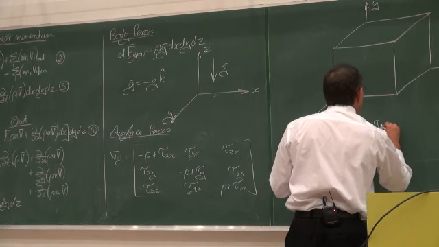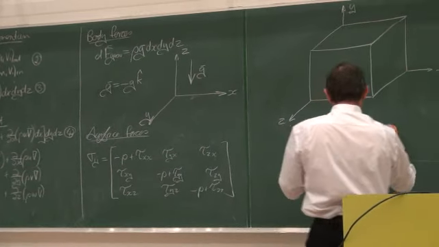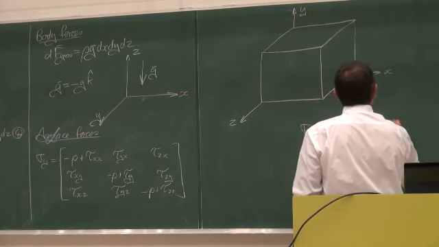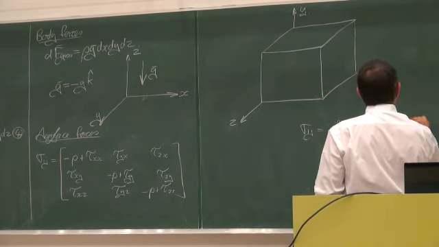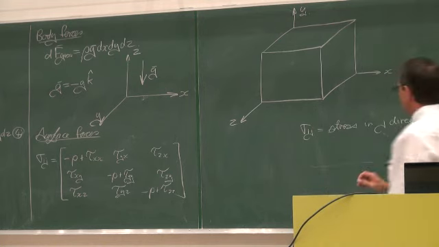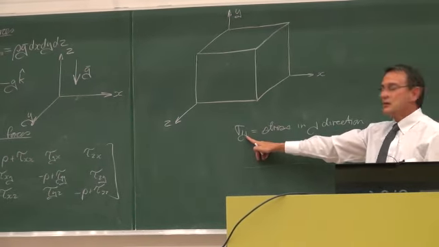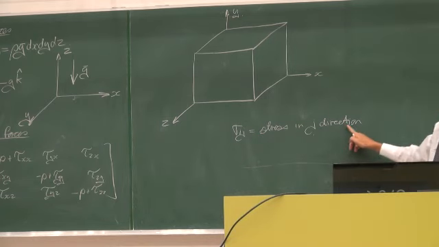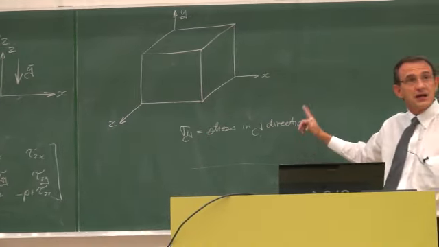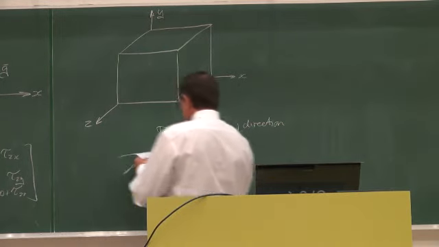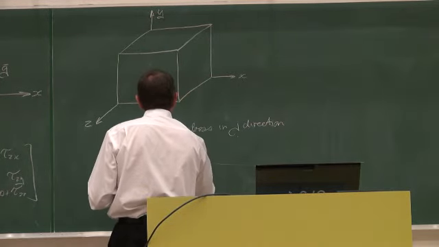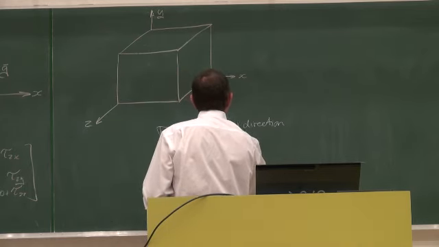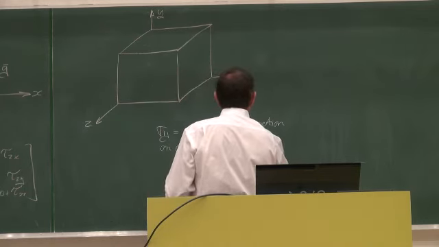Where sigma ij is the stress in the j direction. Okay. So the second term, the j, gives us the direction. The second one is the direction, and the first one, the face, normal to the y-axis.